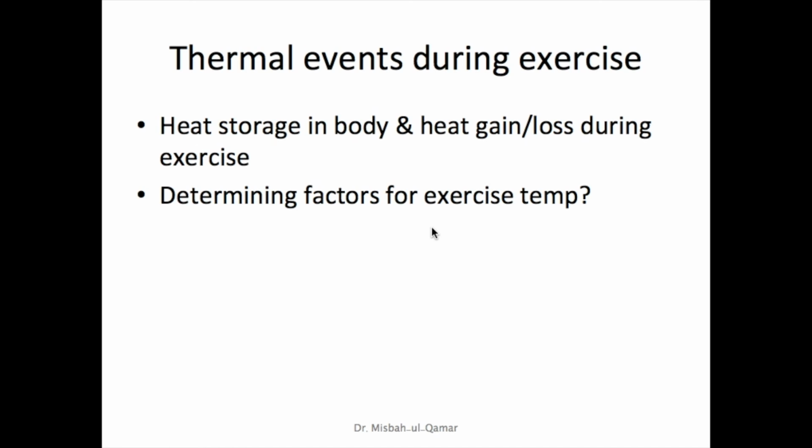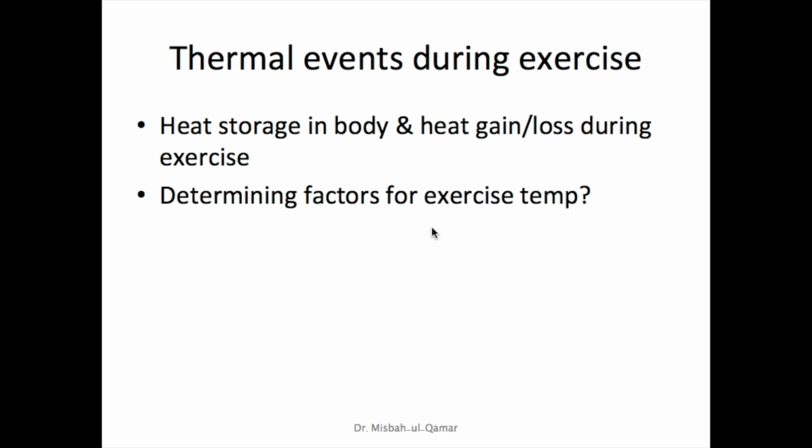Here I would like my DPT students also to wake up, as this part could constitute one of their university questions. In a cool or moderate environment, heat production during exercise is directly proportional to exercise intensity, and venous blood draining the exercising muscles distributes the excess heat throughout the body core.